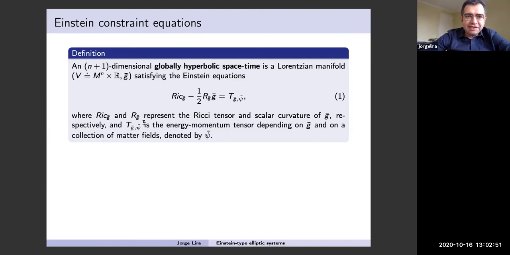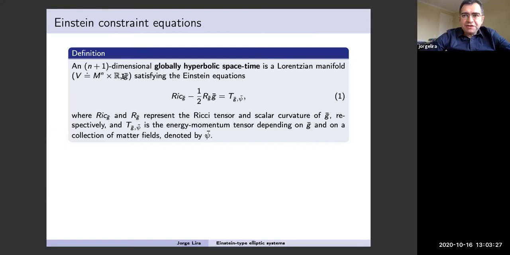The geometric setting I would consider here is some Lorentzian metric on some manifold V. So V is an n+1 dimensional manifold, and it has this Lorentzian metric that can be split into a Riemannian part and some timeline given by this factor R. So we have the splitting M cross R as being V. That is the model that I'm going to consider from now on.